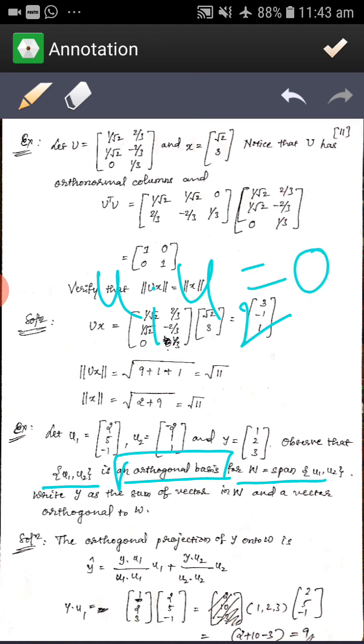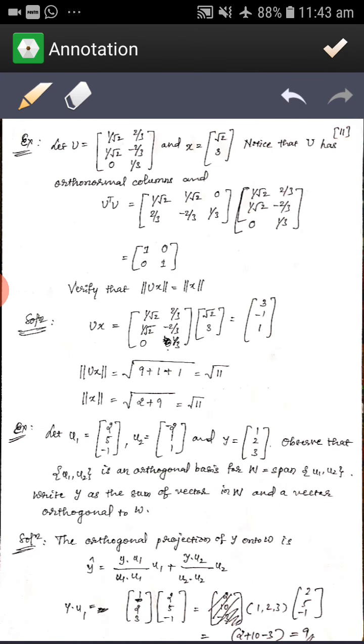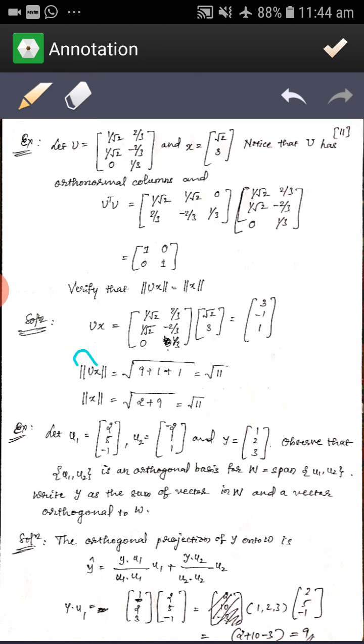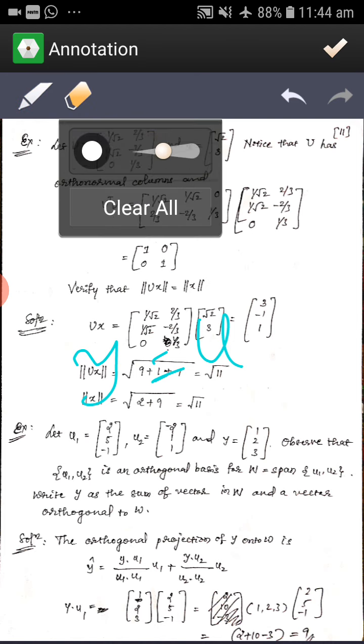Then we are asked to write y as the sum of a vector in W and a vector orthogonal to W.